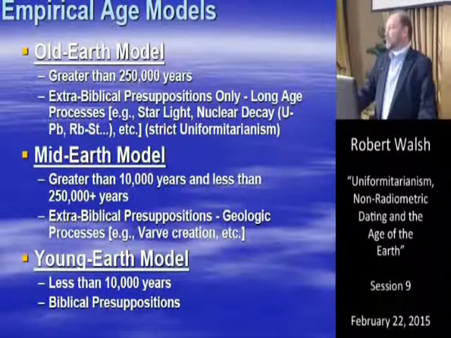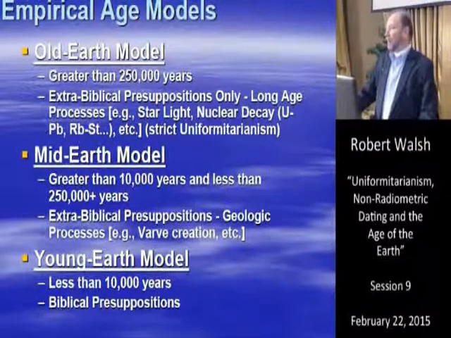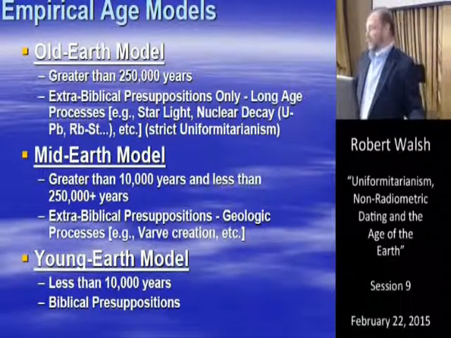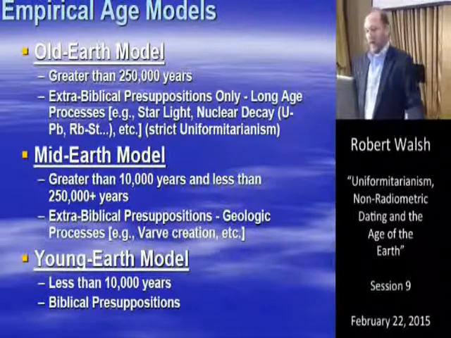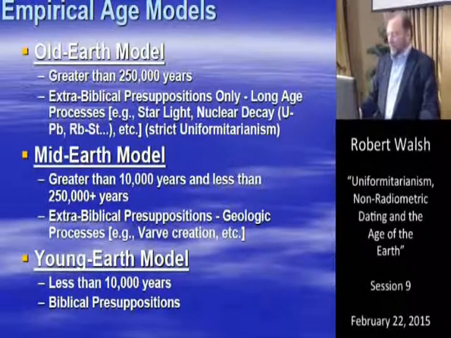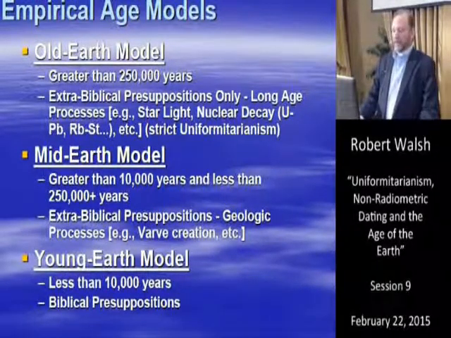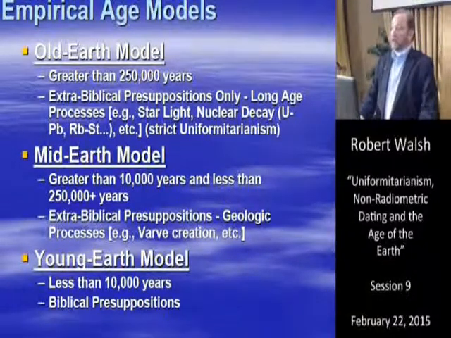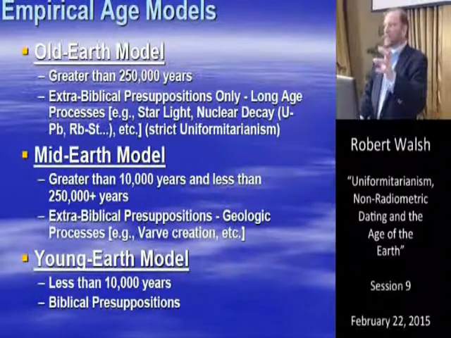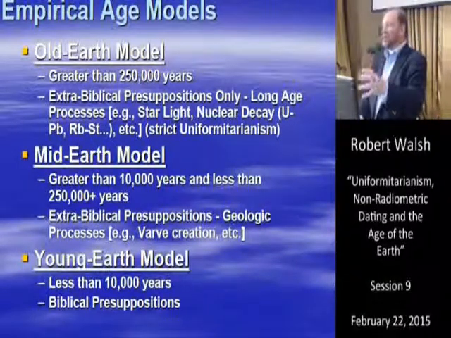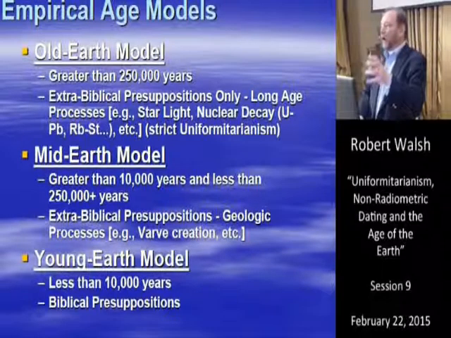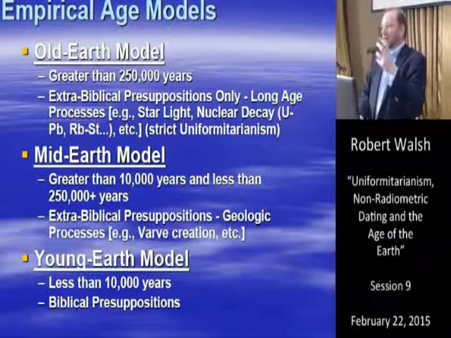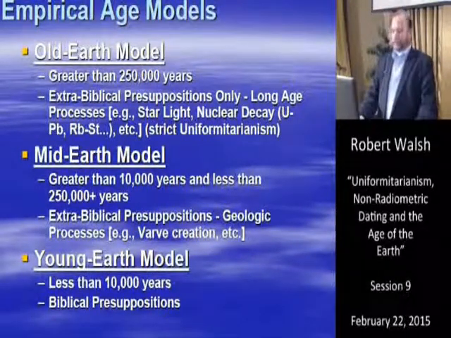Everything from Genesis 1:1 can be legitimately interpreted, and the problem that we face is all before Genesis 1:1. It's a very clever way. And so these are the old Earth presuppositions. And they hold to strict uniformitarianism, that uniformitarianism as a whole is the presupposition that we bring to the geologic and astrophysical models that imply great ages.